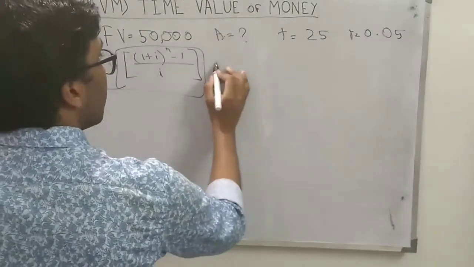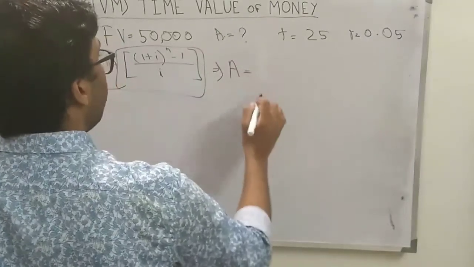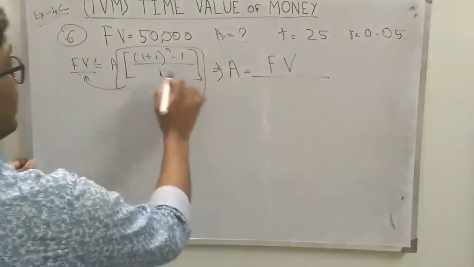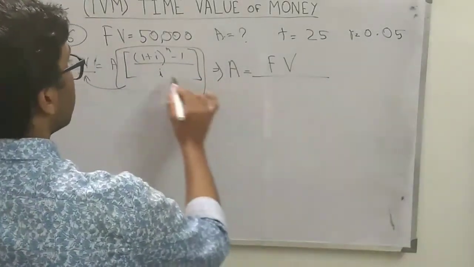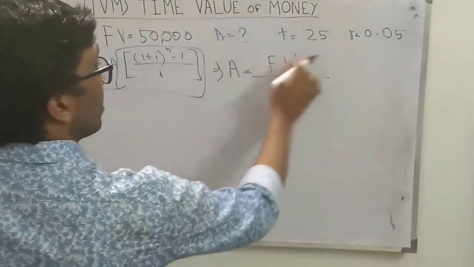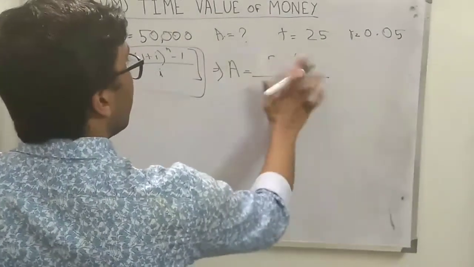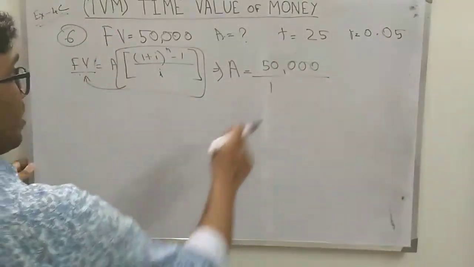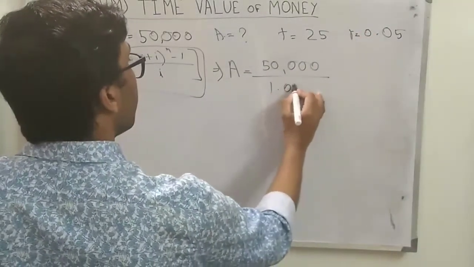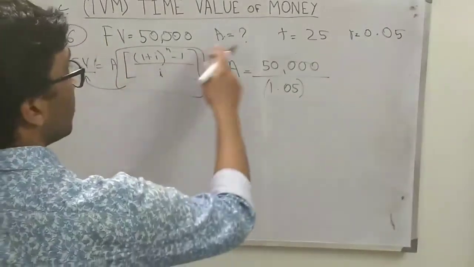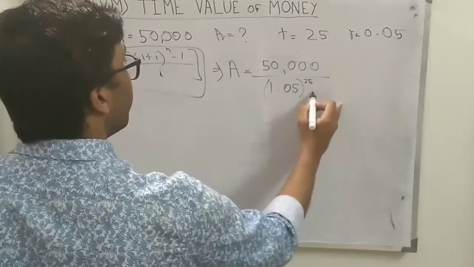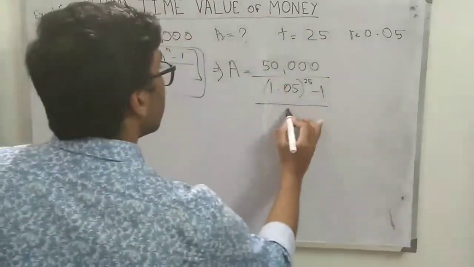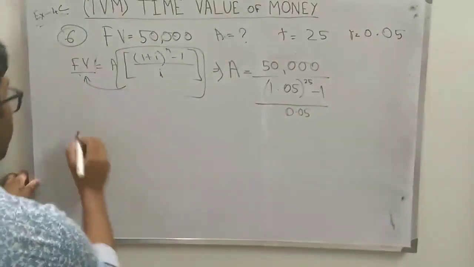That means A is equal to FV by this value: 50,000 divided by 1.05 to the power 25 minus 1 divided by I, 0.05.